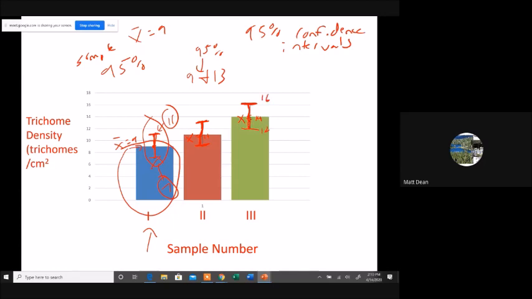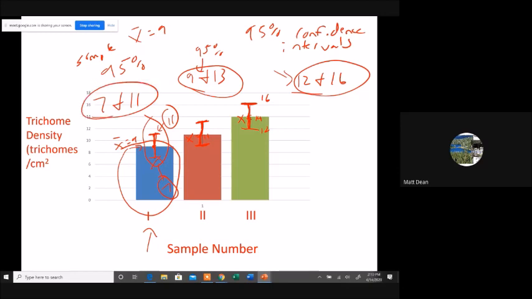So for population 3, we can be 95% sure that the mean of the whole population is somewhere between 12 and 16. So that's the 95% confidence interval for population 3. For population 2, it's somewhere between 9 and 13. And for population number 1 was between 7 and 11.